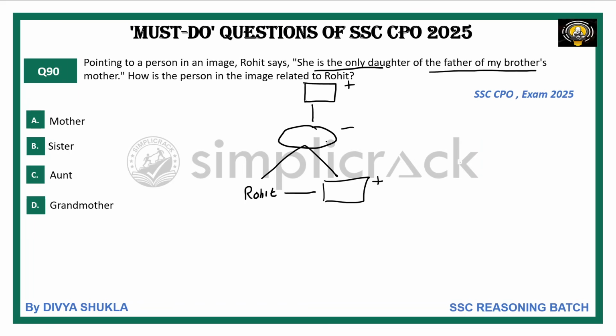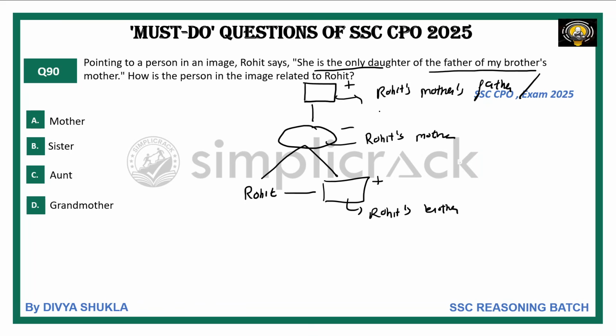That means it is talking about Rohit's mother only. This is Rohit's brother. This is Rohit's mother's father, or I can also call this Rohit's maternal grandfather.